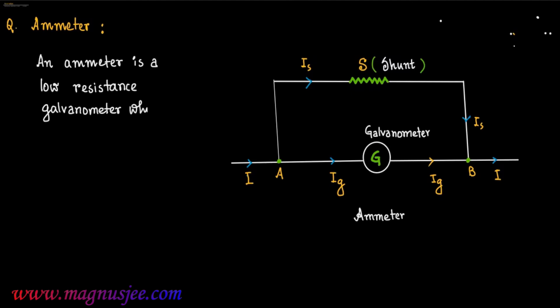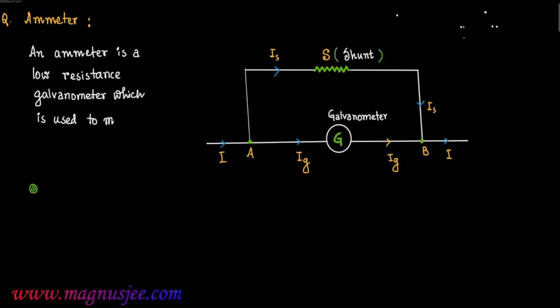An ammeter is a low resistance galvanometer which is used to measure the current in a circuit.